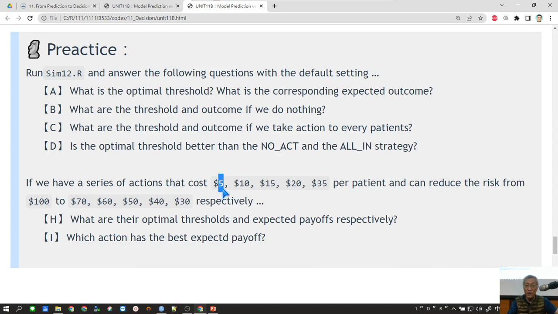The first treatment costs only 5. It can reduce the risk from 100 to 70.